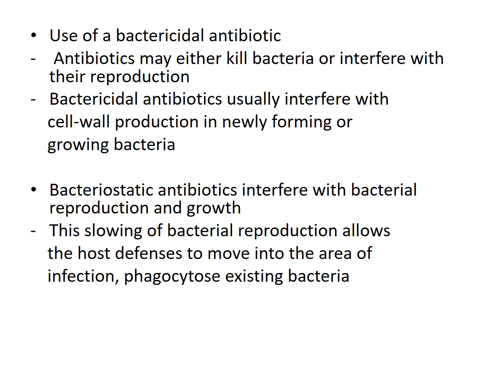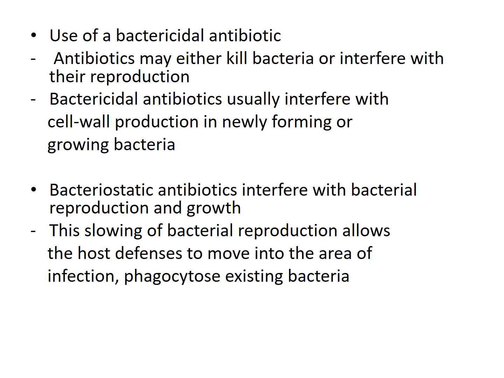The use of bactericidal antibiotics. Antibiotics may either kill bacteria or interfere with their reproduction. Bactericidal antibiotics usually interfere with cell wall production in newly forming or growing bacteria. Bacteriostatic antibiotics, on the other hand, interfere with bacterial reproduction and growth.